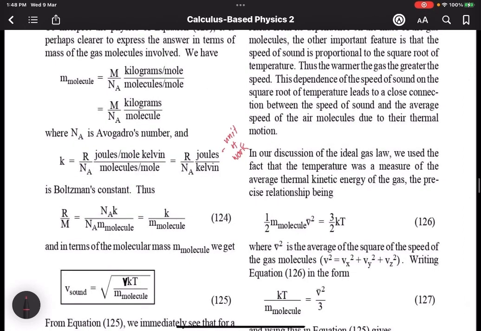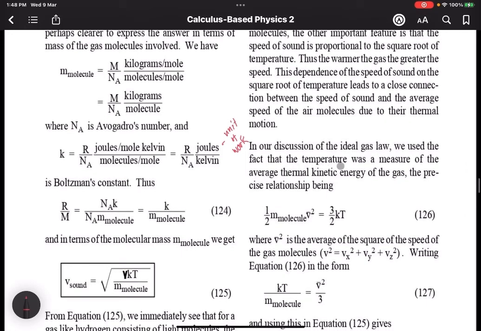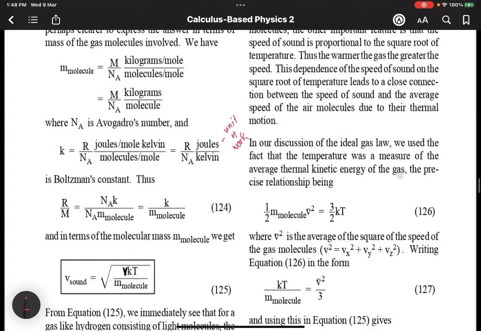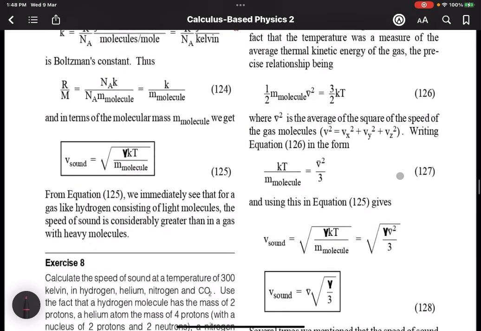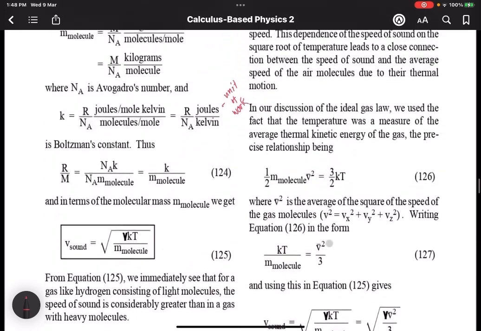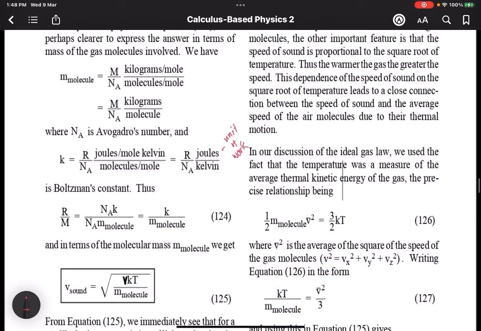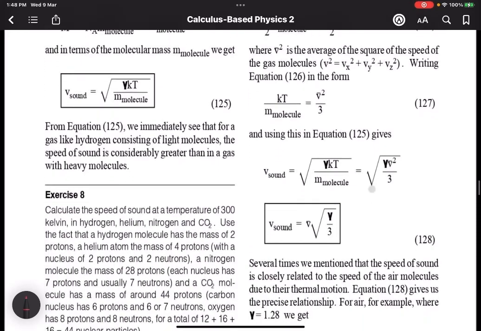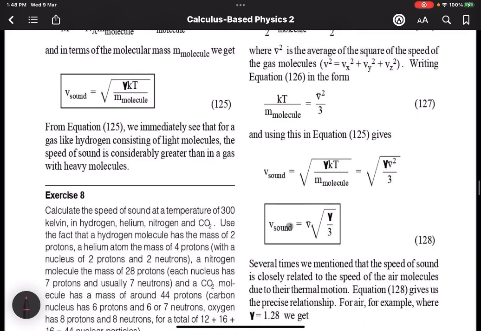In our discussion of the ideal gas law, we used the fact that temperature is a measure of the average thermal kinetic energy of the gas. So, if we want to represent this formula as a measure of the thermal kinetic energy of the gas, we will have the following derived formula.